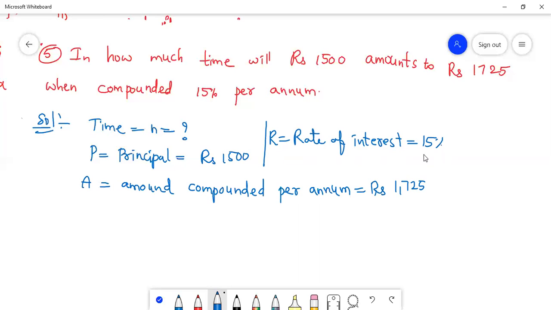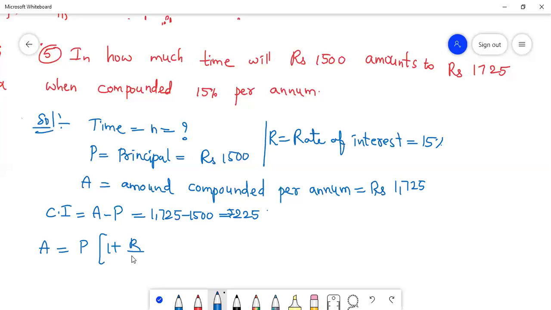From this, we can find out the time. Here, we know that the compound interest is equal to amount minus principal amount, that is 1,725 minus 1500 is equal to 225 rupees. The formula of the amount compounded per annum is principal amount into 1 plus R by 100 whole power n.